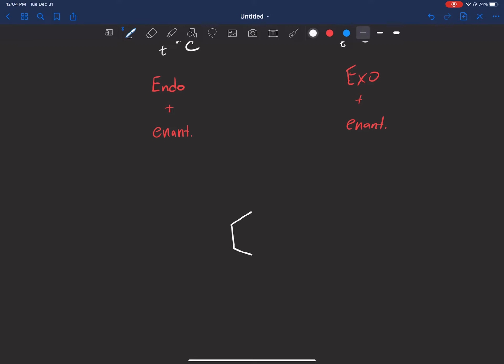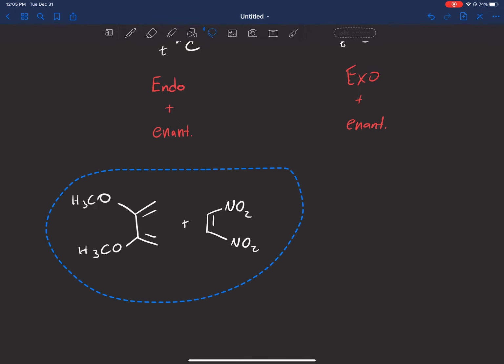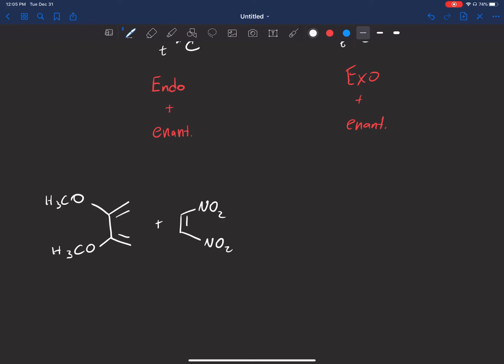So we have this dienophile, plus this compound right here, this dienophile with those NO2 withdrawing groups. All right, so let's just draw the arrows.